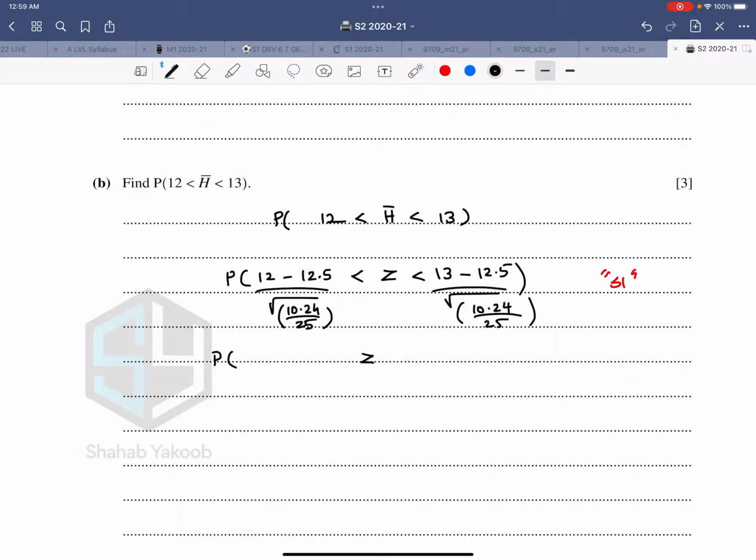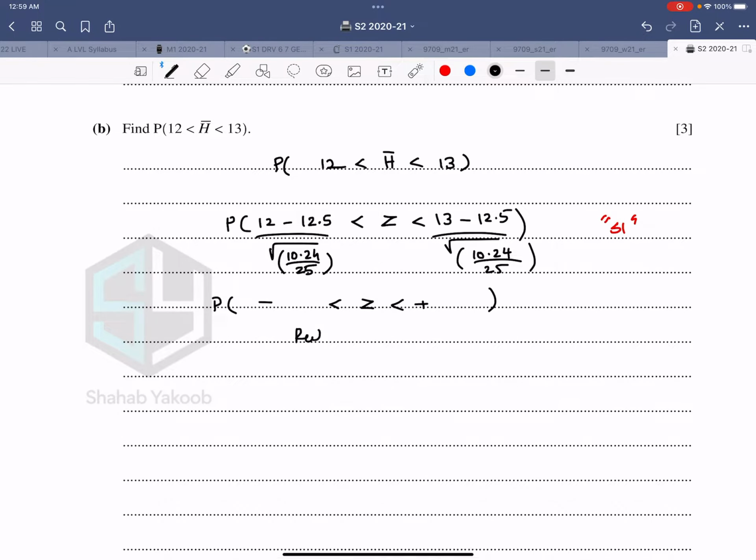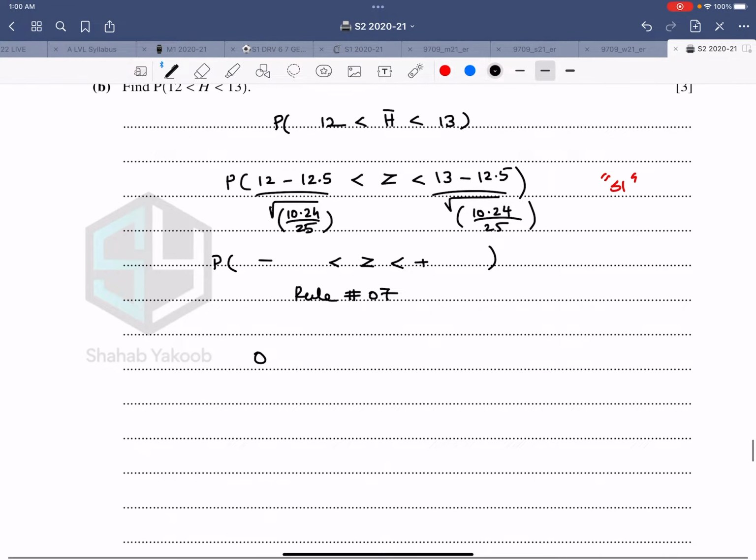So z lies between a positive value and a negative value. This is rule number 7 of reading the table: phi of the first value plus phi of the second value minus 1, and then you end up with the answer. So that is the working for this particular part.